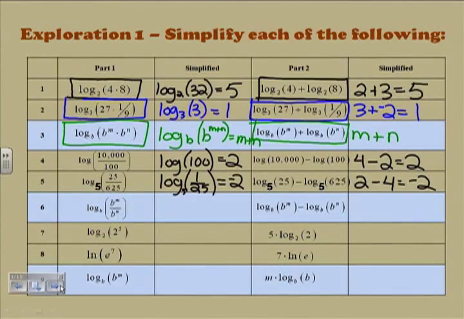Okay. And that's all well and good, but it's awfully nice if I can then look at the generic case, the general case, and I see, okay, I've got division. Now, when I'm dividing and I have like bases, what do I do with the exponents? I subtract them. B to the m minus n, and then log base b of that is m minus n.